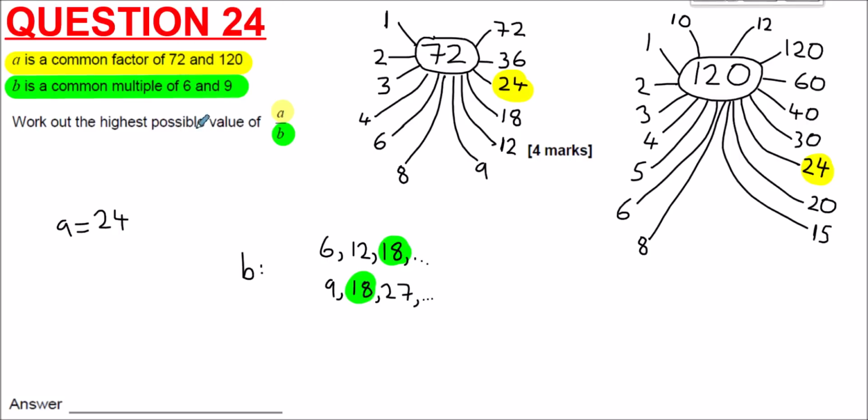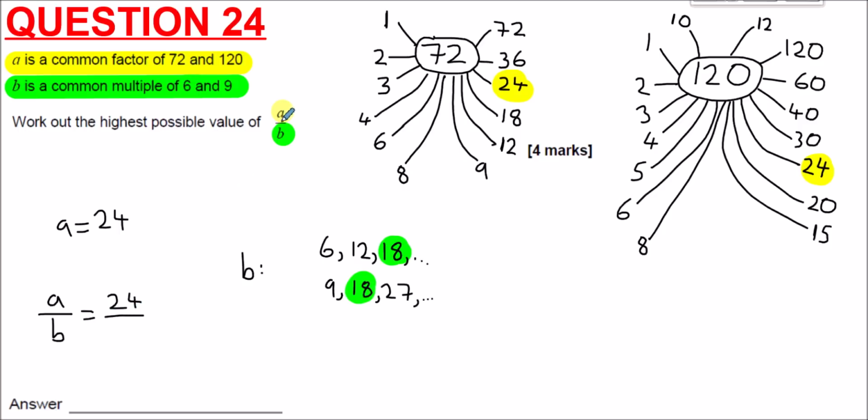What we're trying to find here, the highest possible value of a over b, will be when a is at its biggest and b is at its smallest. And so what we've really found here is the highest common factor of these two numbers, which is a, which will be 24.